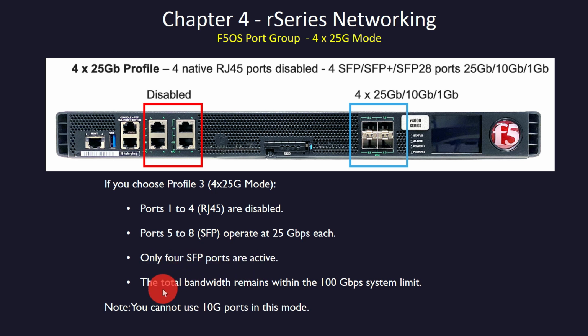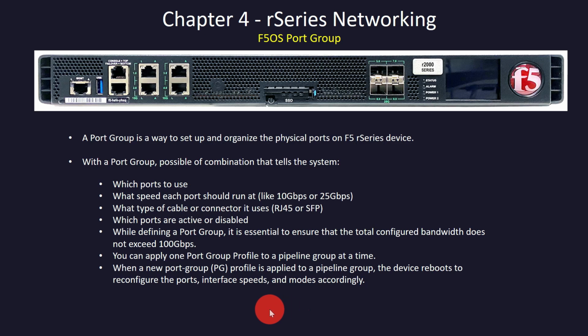The total bandwidth remains within the 100 Gbps system limit. Important note: if you choose this mode, you cannot use 10 gig ports at all. So, it is very important to choose the right port group profile to get the correct number of 10 gig and 25 gig ports based on your needs.